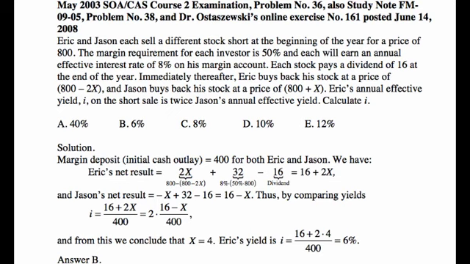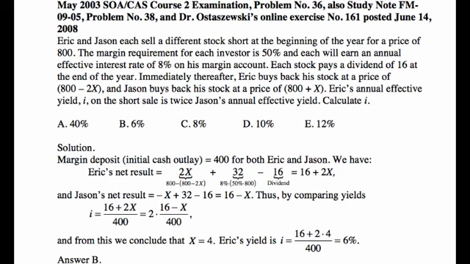And then we are told that the yield that Eric had, which is 16 plus 2x on an initial investment of 400, is twice the rate earned by Jason, who put down $400 and got from the whole thing 16 minus x.